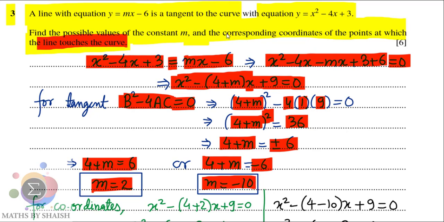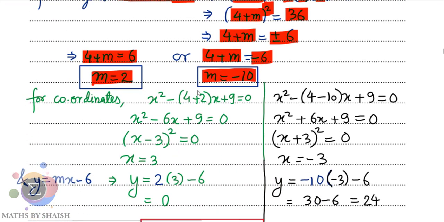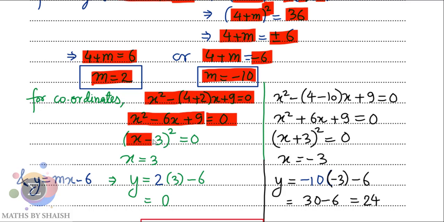And since they have asked for the coordinates of the point at which the line touches the curve, once we get the constant value m, we are going to find the coordinates, and for that we only need to solve the equation. With m equals 2, our equation x squared minus (4 plus m)x plus 9 becomes x squared minus 6x plus 9 equals 0, which gives x minus 3 whole squared equals 0, which means x equals 3.